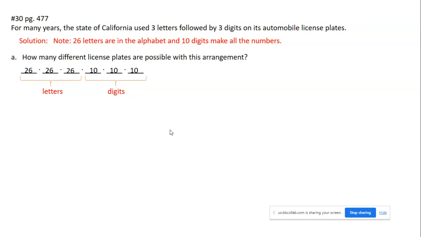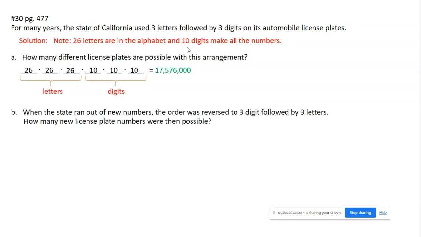So the total number of possible license plates I can have using the counting or the multiplication principle is just multiplying all these together, right? So this gives me 17,576,000. Believe it or not, we ran out of these, right? We no longer can use just this basic way of doing license plates because we ran out.